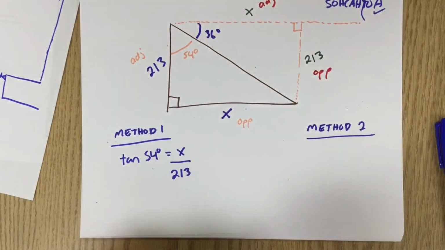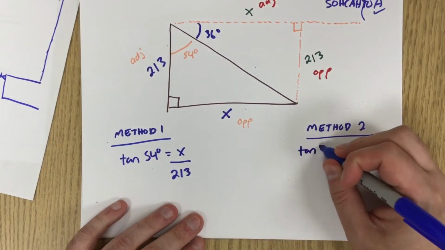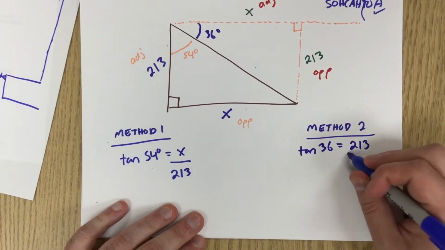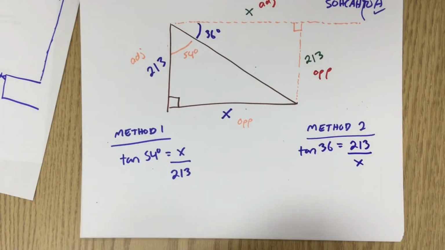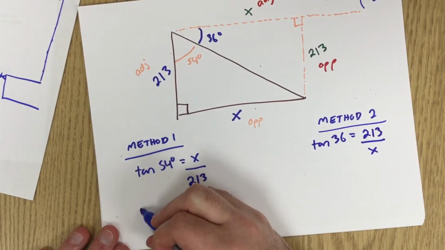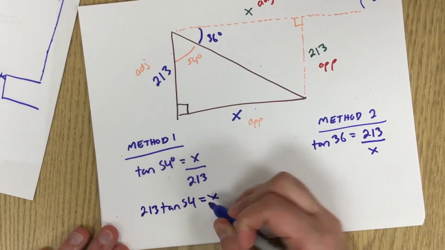Either way, that's the hypotenuse. Now the tangent of 36 is opposite over adjacent, which is 213 over x. And for the first method, we end up with 213 tan 54 equals x.